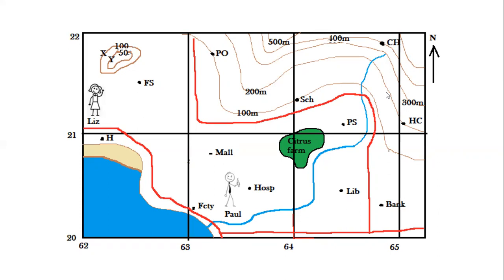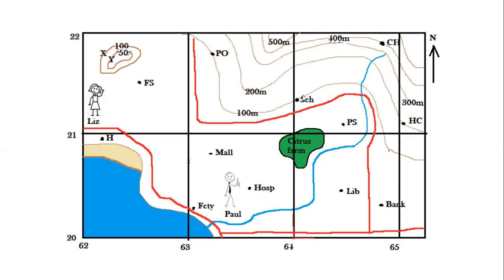All right, I hope you've come up with your answer. Notice that the school is located at 100 meters and the church is located at a height of 400 meters. So the overall height would be 400 meters minus 100 meters, which will give us 300 meters.